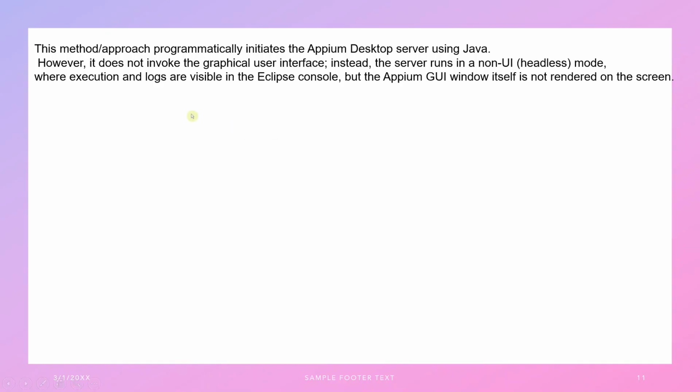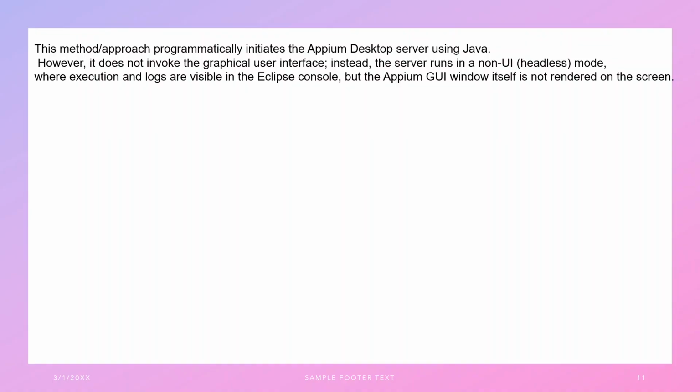In this approach, programmatically we initiate the Appium desktop server using Java. However, remember, it does not invoke the graphical user interface. Instead, the server runs in a non-UI headless mode where execution and logs are visible in the Eclipse console, but the Appium GUI window itself is not displayed on the screen.